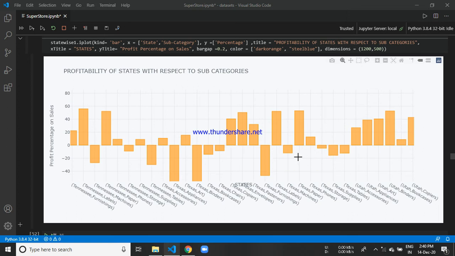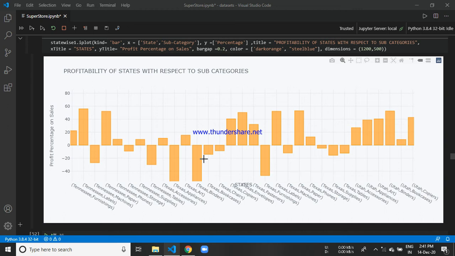So we cannot say that Texas is bad. Texas is bad because of these subcategories, and other categories in Texas are good. The copiers and the envelopes and the fasteners, these are good. So the main problem here is that we are not distributing our sales categories, the subcategories, accordingly.